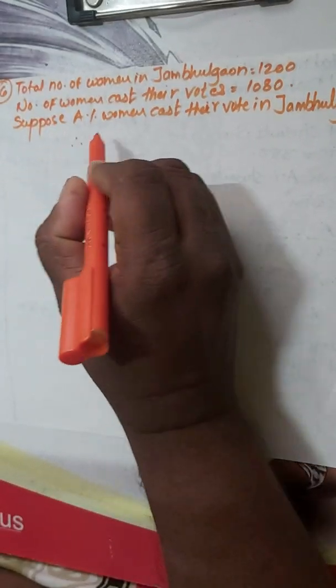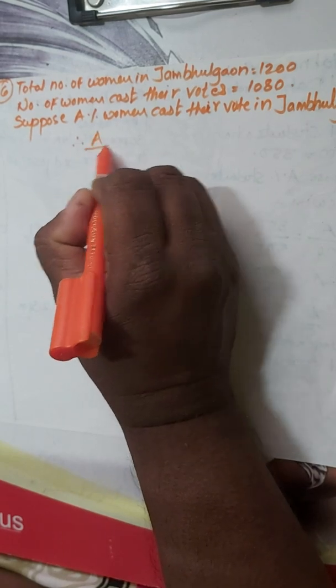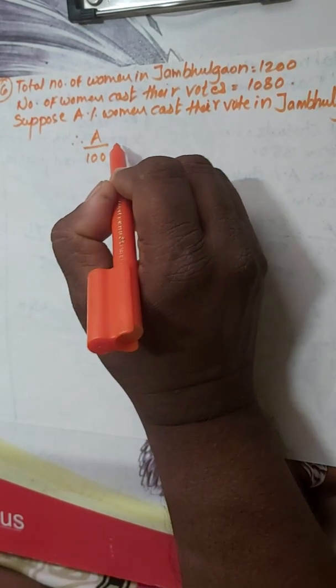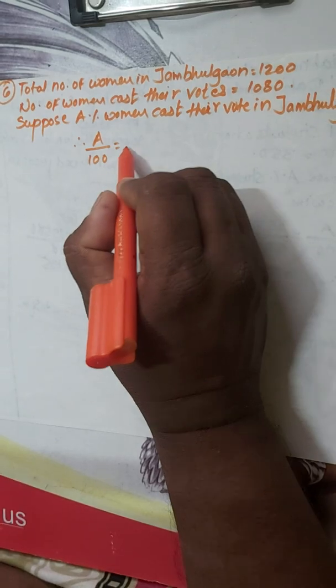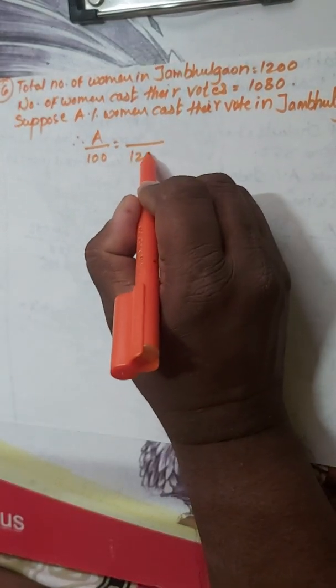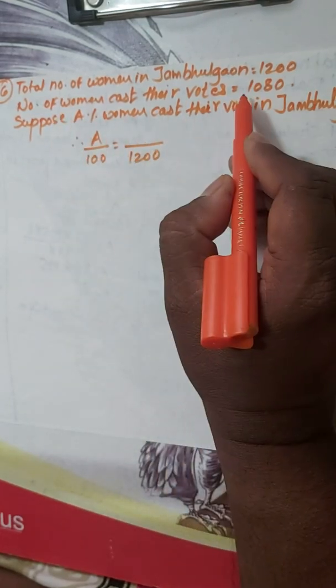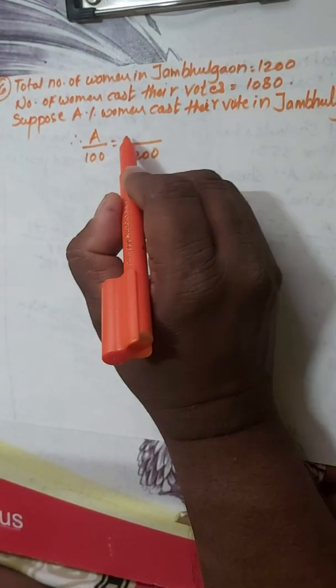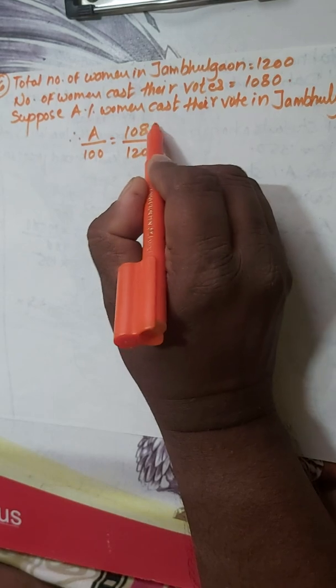Therefore I'll write here, a upon 100, because here we have to find the percentage. So a upon 100 is equal to total number of women, that is 1200, and out of that how many cast the votes, that is 1080.